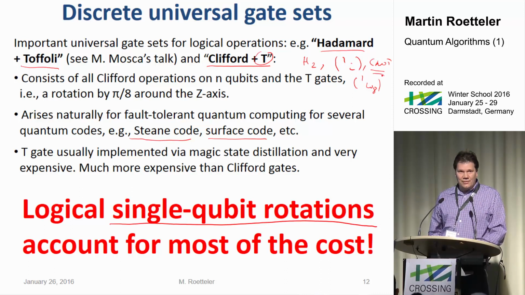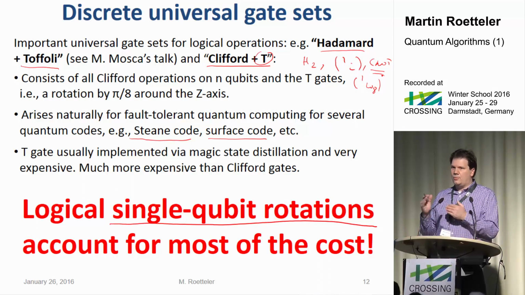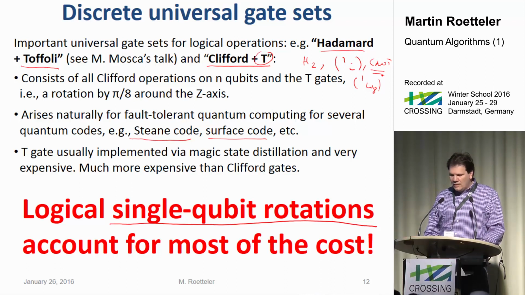That's kind of funny because you might think the controlled NOTs are the harder ones. That's true if you work at the physical level. Definitely, it's true to interact two particles. Doing it with an entangling gate between two particles is difficult. But if you're at the logical level, at the fault tolerance level, for many of these codes, it turns out that the CNOT is relatively easy to do, but a T gate is very difficult to do in a fault tolerant fashion.